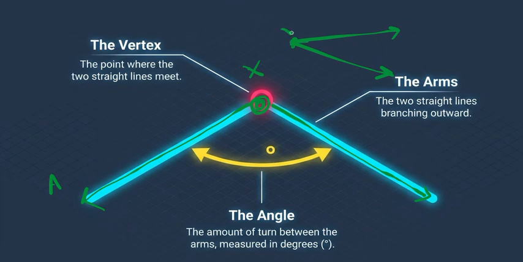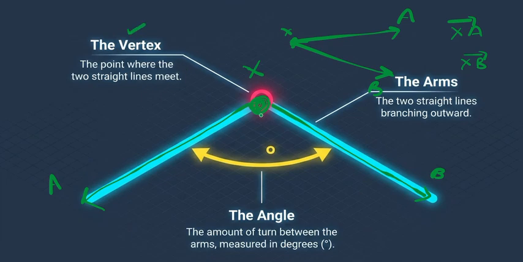This is the vertex, this is X, A and B. The ray XA and the ray XB. Got it? So this is B. Where these two rays are intersecting or starting, that point is called the vertex.